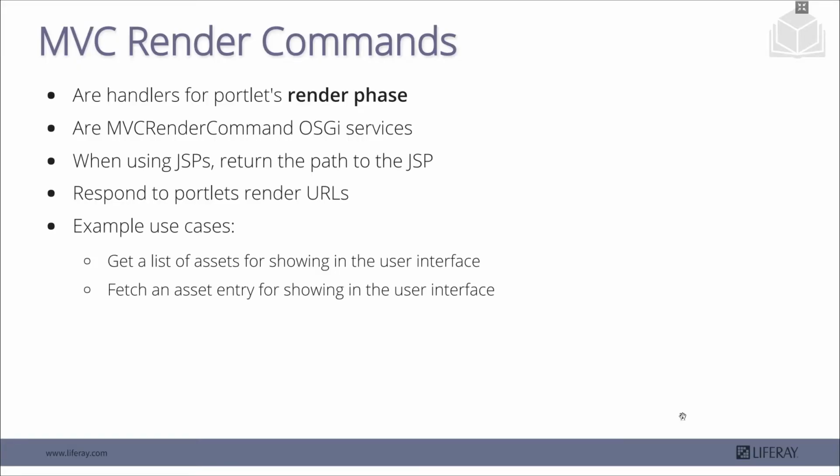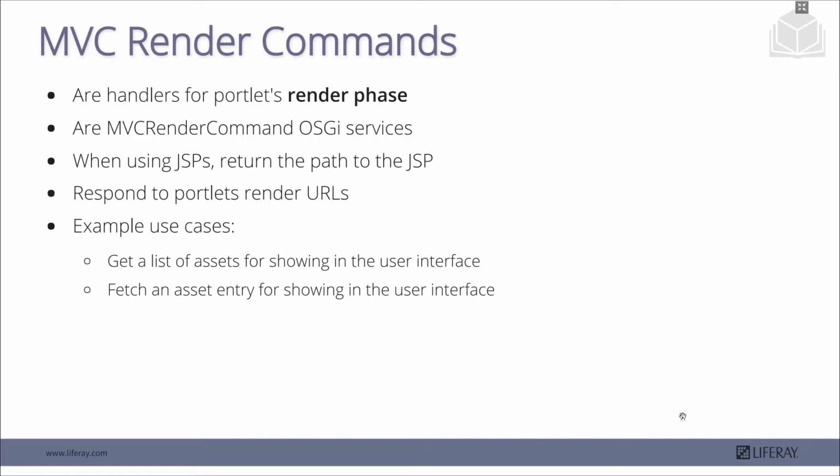Now moving on to the next type of command, we're going to be taking a look at the MVC render command. The MVC render command handles the render phase of our portlet or portlet components. Just like the other MVC commands, the render command is also implemented as a component.